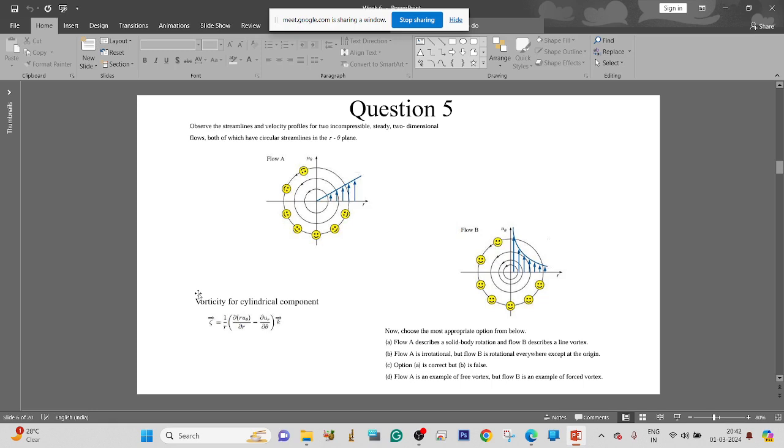If the velocity is infinite, it is undefined. So at the center, we cannot calculate the rotational characteristics. It will be undefined at the center, except at the origin. So yeah, B is correct.